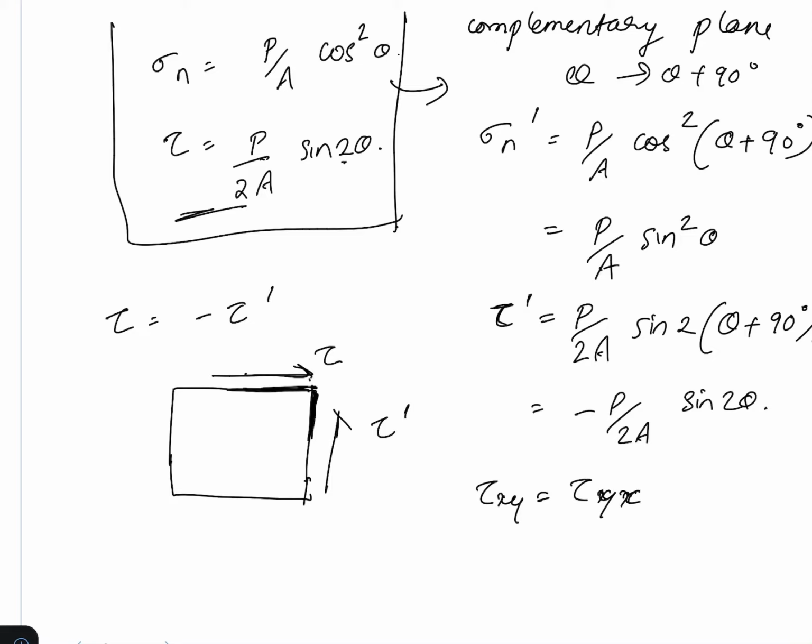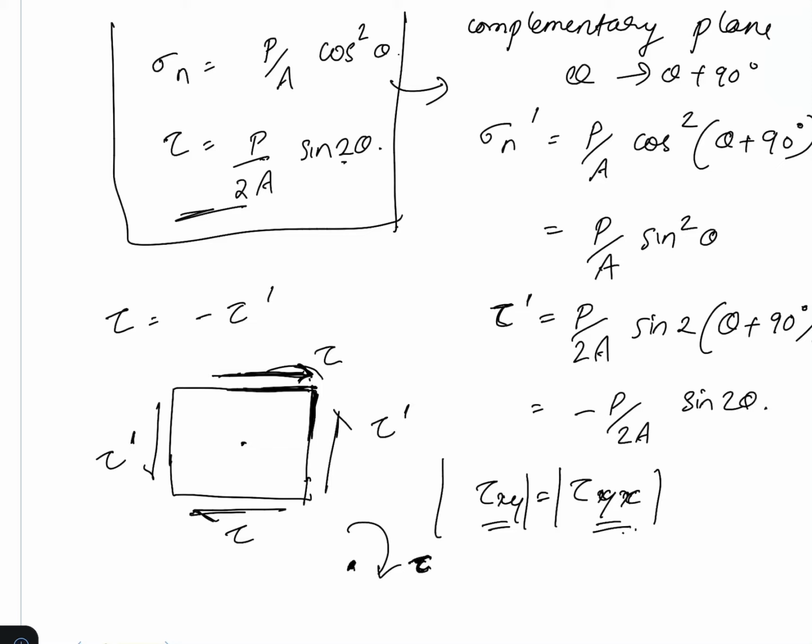In magnitude both tau xy and tau yx are the same, but they are opposite in direction. If we take tau like this, tau dash is taken like this. From the center, this tau is creating a clockwise moment, so this sign is taken as positive.